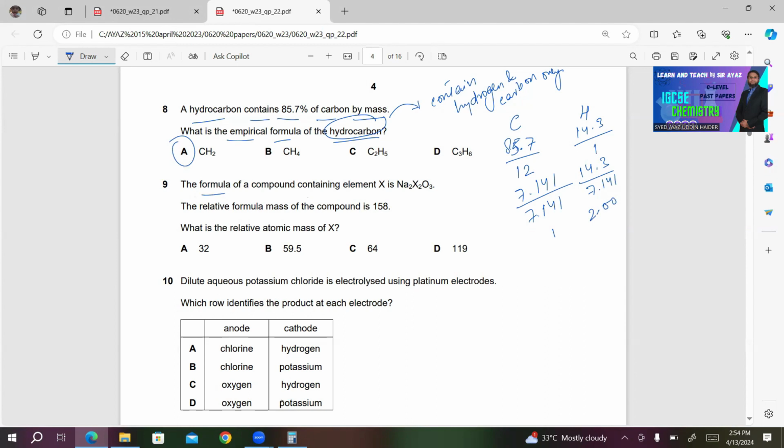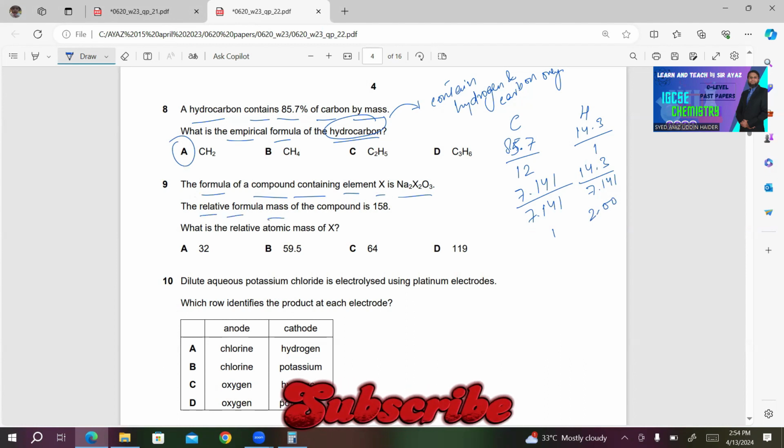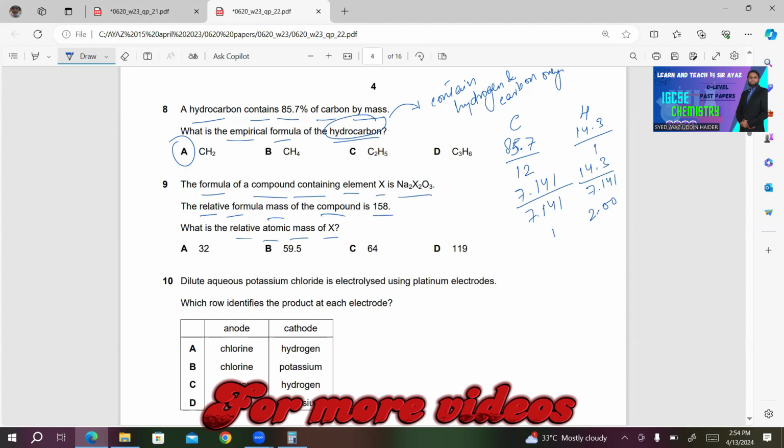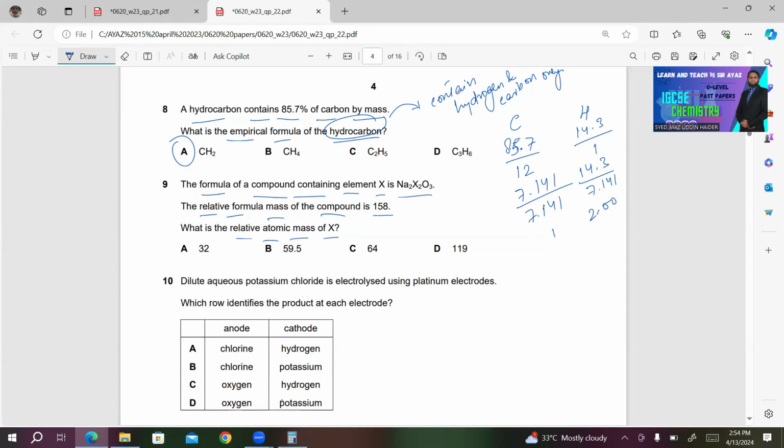Number 9. The formula of a compound containing element X is Na2X2O3. The relative formula mass of the compound is 158. What is the relative atomic mass of X? Let's consider X as small x. We need to know the AR of sodium and oxygen.